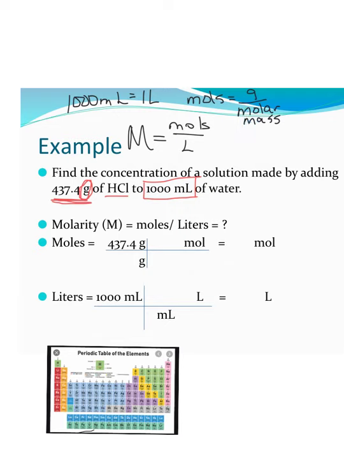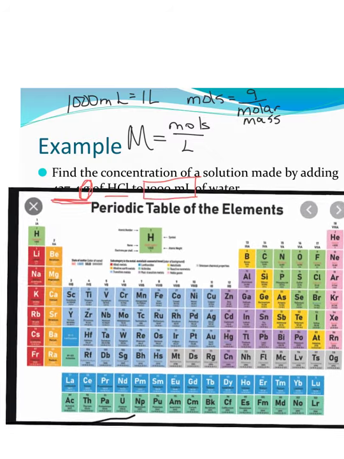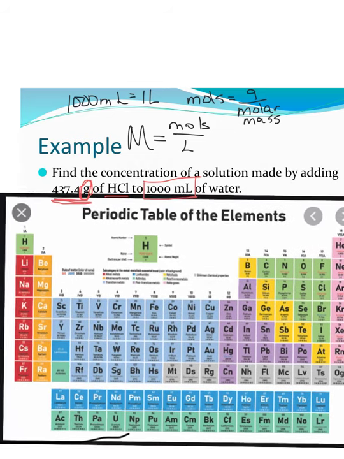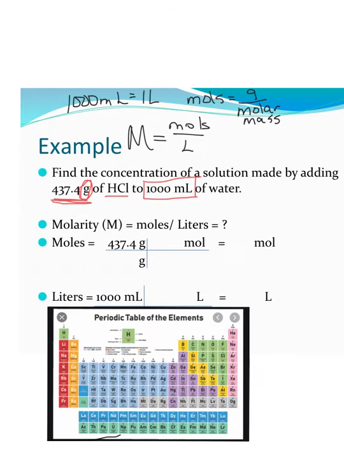So the very first thing we need to calculate is our molar mass of hydrochloric acid. Now, if we have the periodic table, and you can't see these masses on here too well, I apologize for that. But HCl, we have hydrogen over here, and I'm sure you know by now that hydrogen we typically round to 1.01 grams.